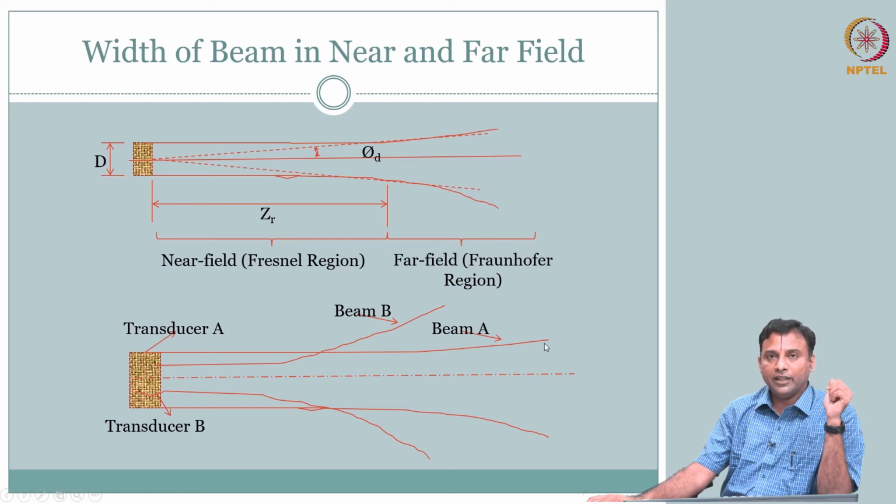So it will be good for you to also localize it in this direction. But if you have less divergence, having a larger dimension transducer, then you are compromising on that localization.